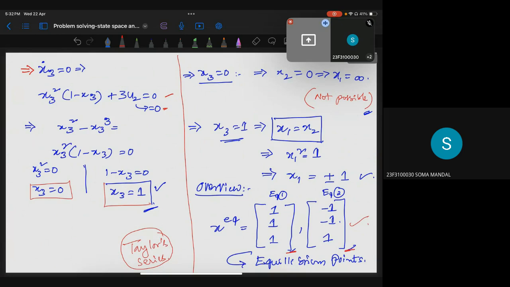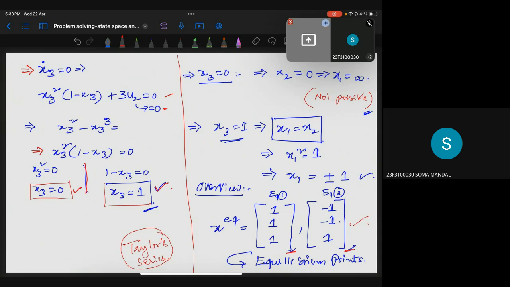Again, take u2 equal to 0, so we get x3 cube. From here we can write this by taking x3 out. So this gives us two values: x3 is equal to 0 and x3 is equal to 1.